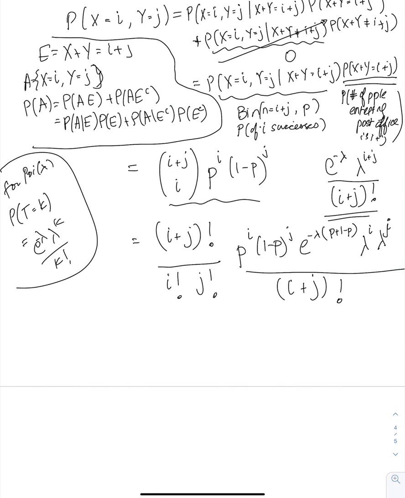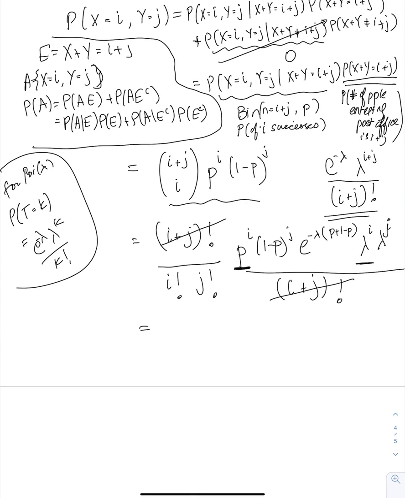Now what can you do? This cancels with this. And we want to show this is the probability x equals i times the probability x equals j, where you have Poisson random variables with parameter lambda p and parameter lambda times 1 minus p respectively. So let's take a look. Let's combine p to the i with lambda to the i, and we'll also separate this.